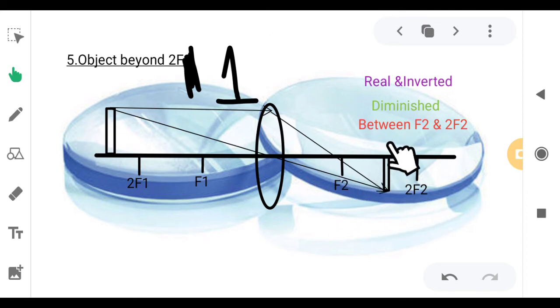It will be diminished compared with the object, and it will be real and inverted. Remember, it will be formed between f2 and 2f2 if the object is placed beyond 2f1.